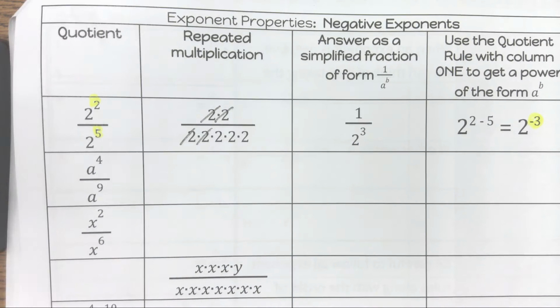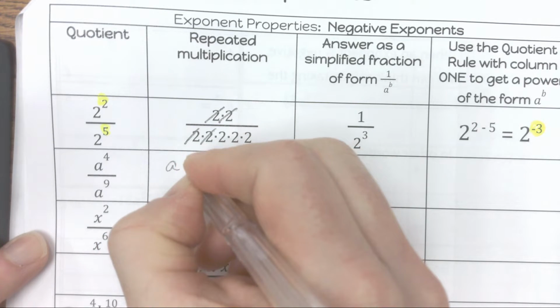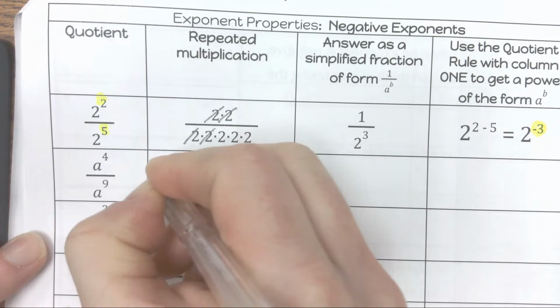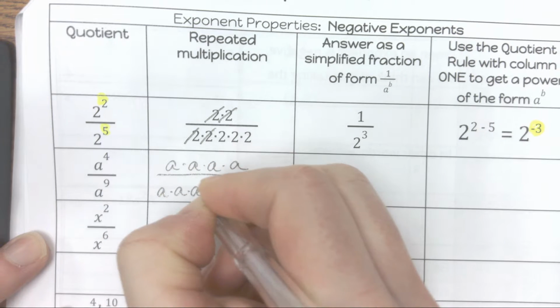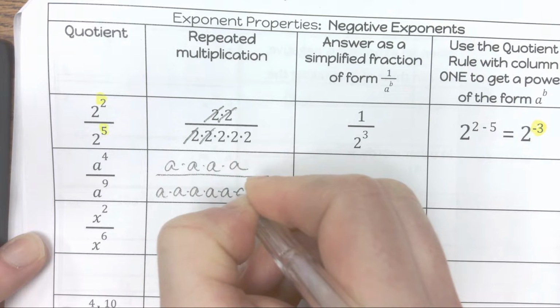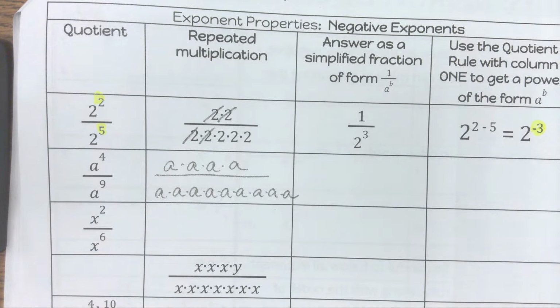Write out 4 factors of a on top, and write out 9 factors of a on the bottom. How many can we cancel? 4.